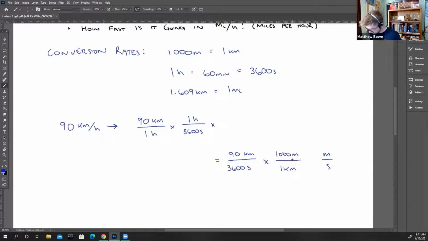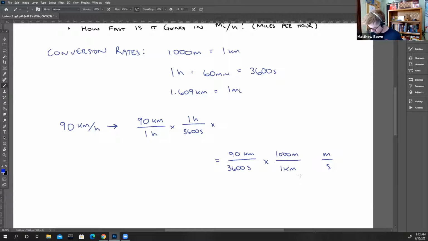You see this conversion rate allows me to cancel out the unit of kilometers. This is on the denominator, that is on the numerator. So the units cancel out. And I would then just multiply 90 times 1,000. Then I would have an answer that is in meters per second.